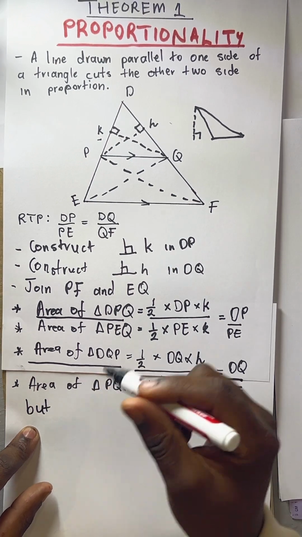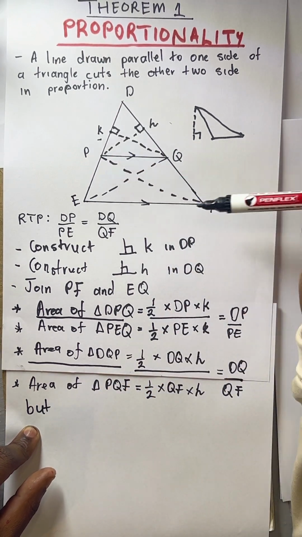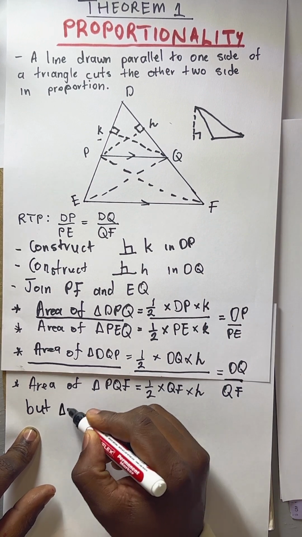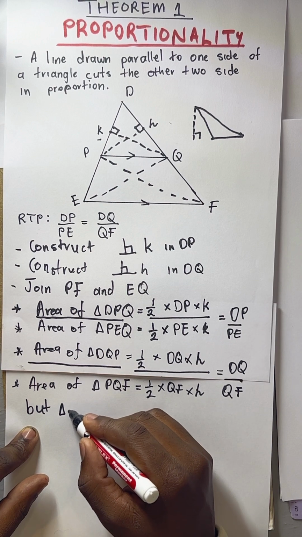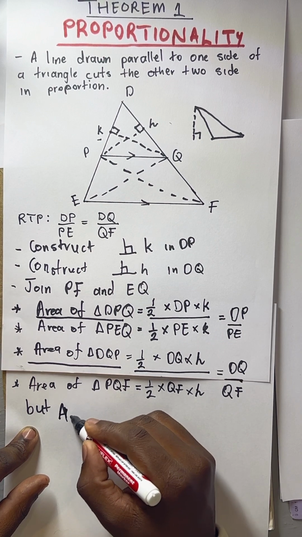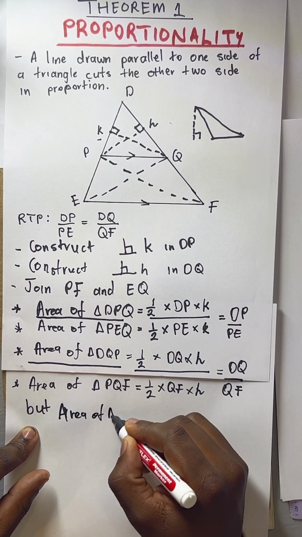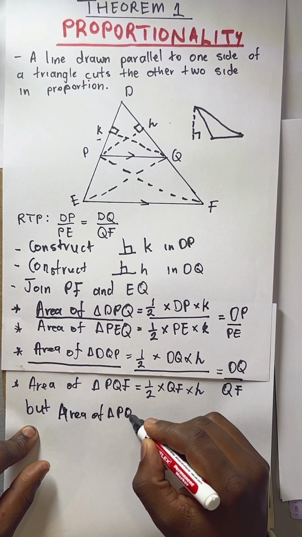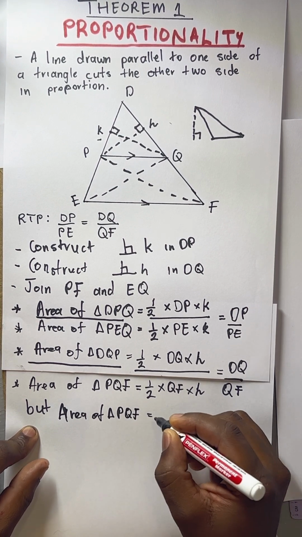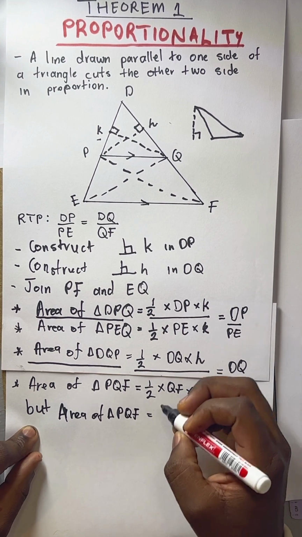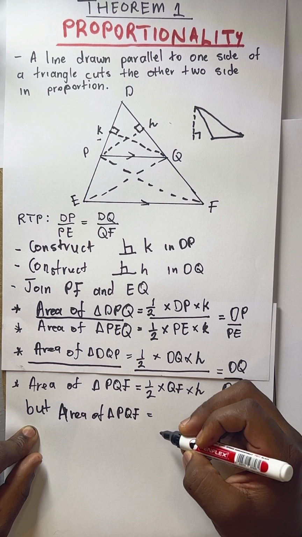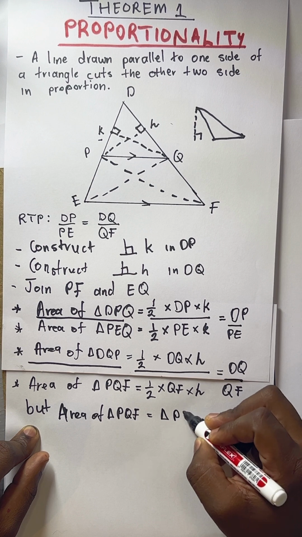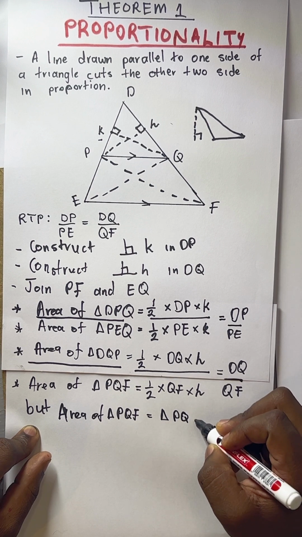Now, if you look at the area of triangle PFQ or PQF, isn't it going to be the same as the area of your triangle PQE?